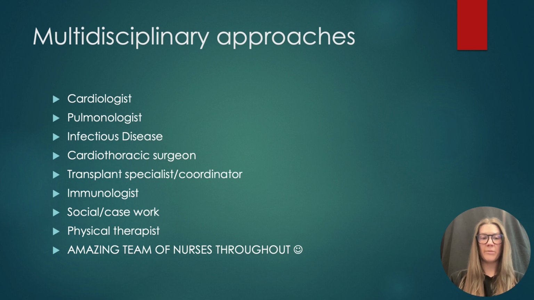A huge playmaker, both a liaison between the patient and the surgeons and doctors and insurance companies, are social work and caseworkers. They're fabulous. Physical therapy, sometimes occupational and speech therapy, depending on the severity of the course. And then our amazing teams of nurses throughout the cases.